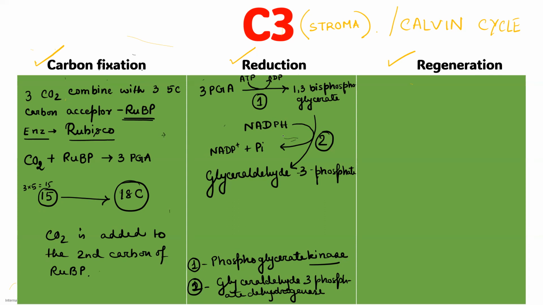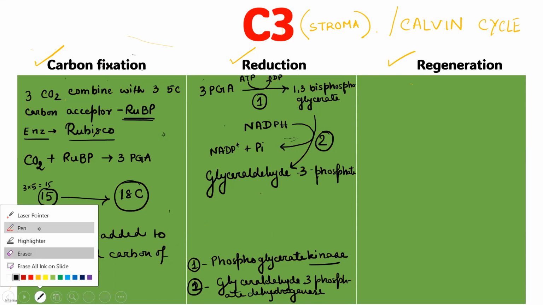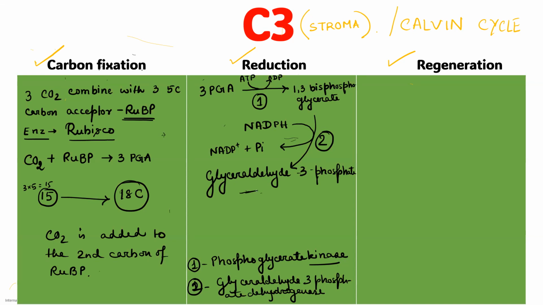Now, one molecule of G3P, glyceraldehyde 3-phosphate, goes to make glucose, while the other 5 must be recycled.